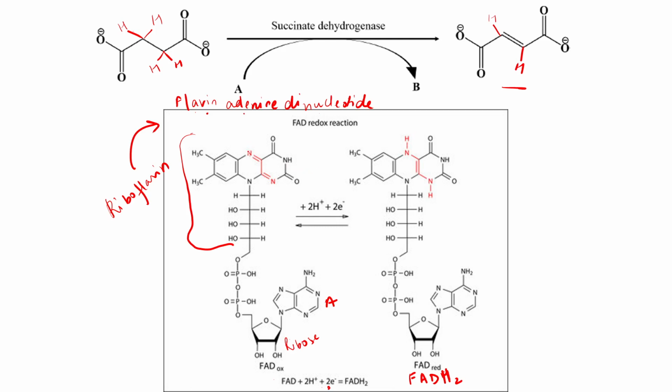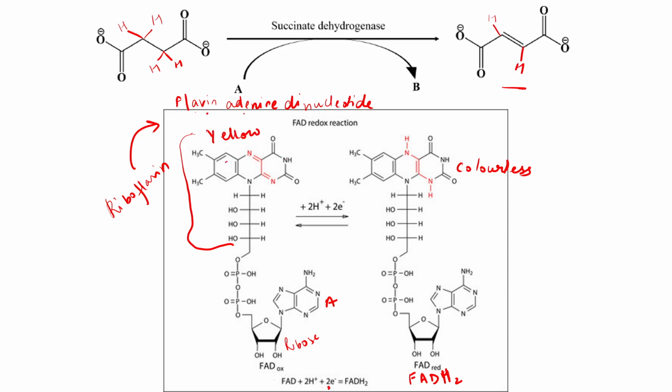When the lone pairs were available, they were imparting a yellowish color. Once bound to hydrogen, the molecule cannot impart any color, thus it becomes colorless. So this molecule is colorless, whereas this has a yellow color because of these two nitrogens.